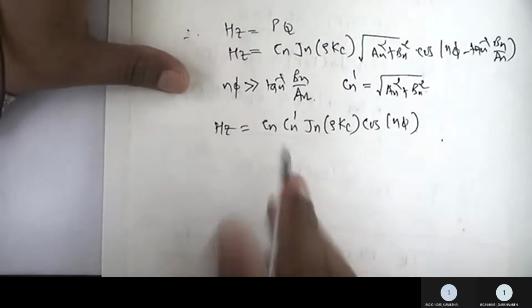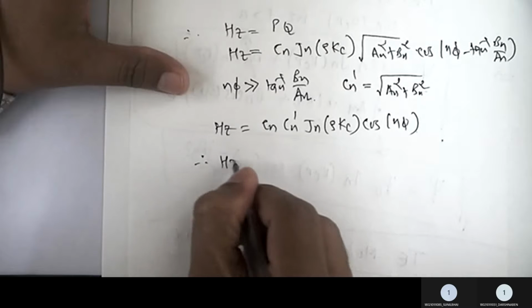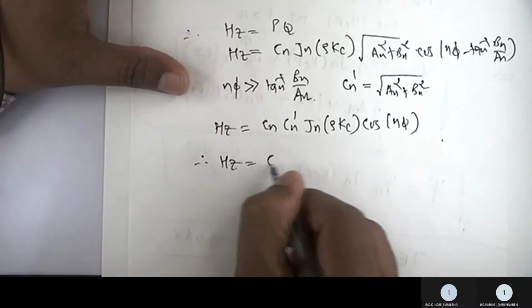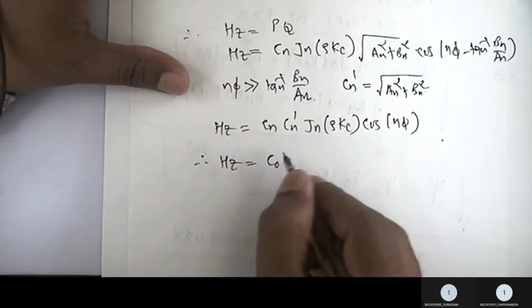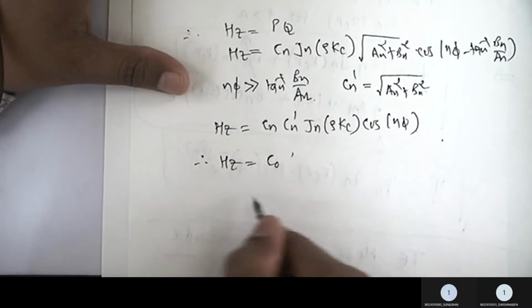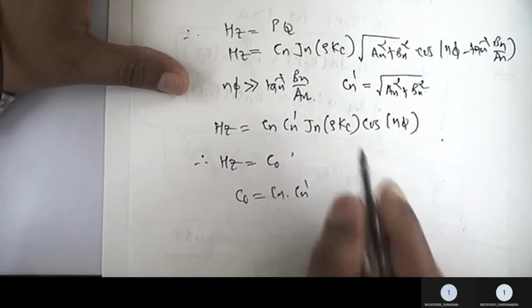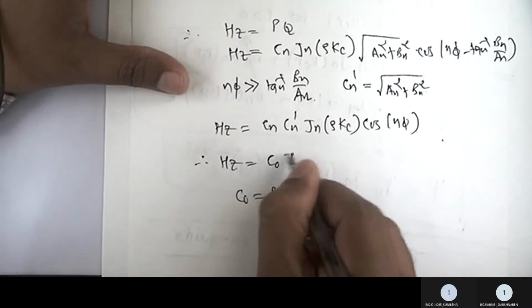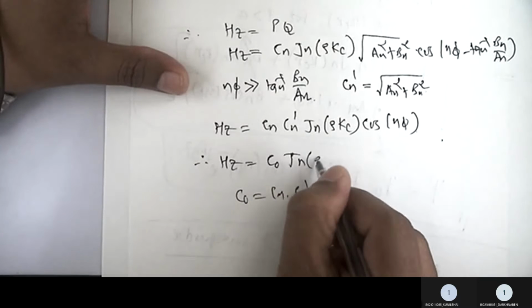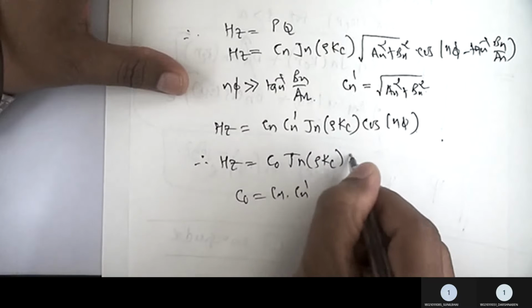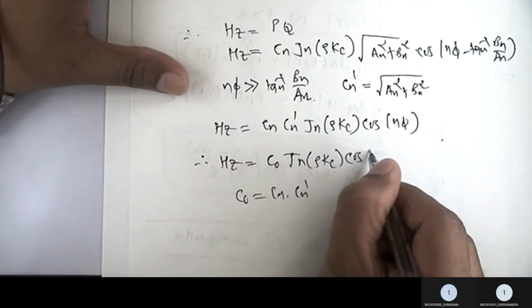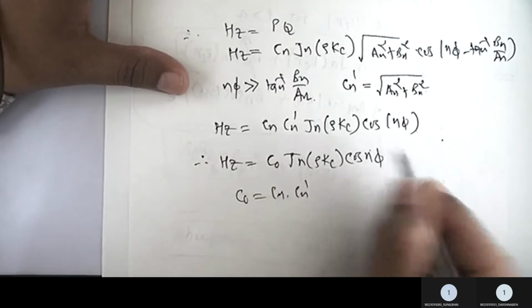Okay, so with this I can still add one more variable, for example, C_0. So C_0 is nothing but C_n into C_n prime. So C_0 J_n(ρ k_c) cos(nφ).